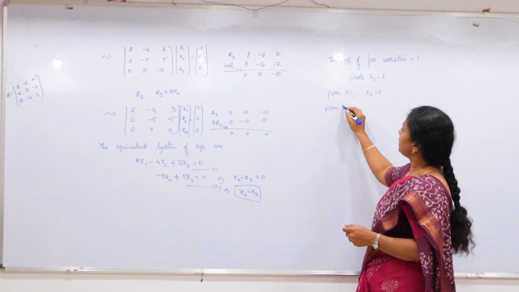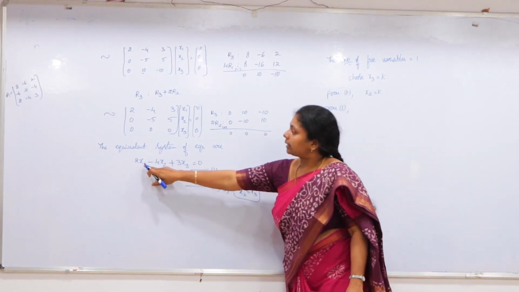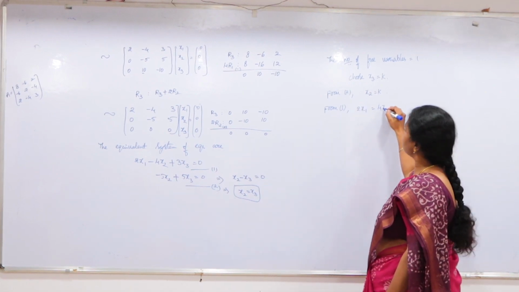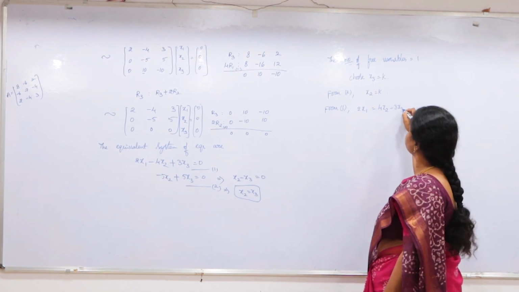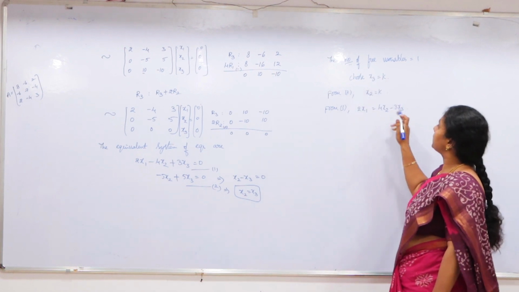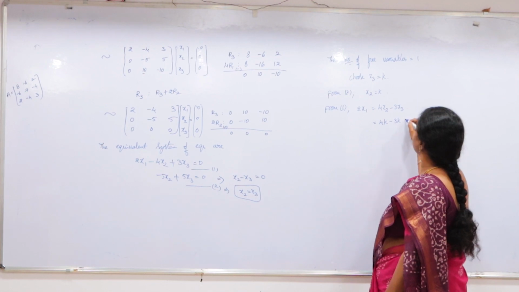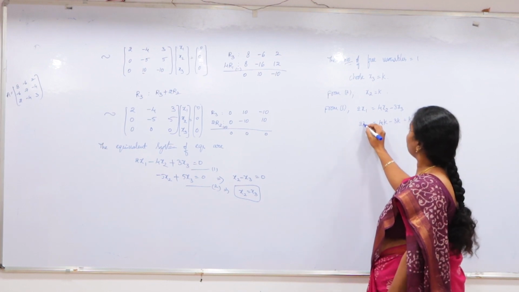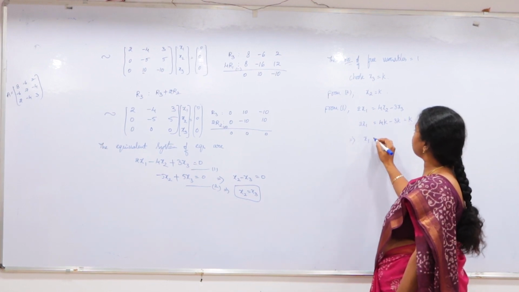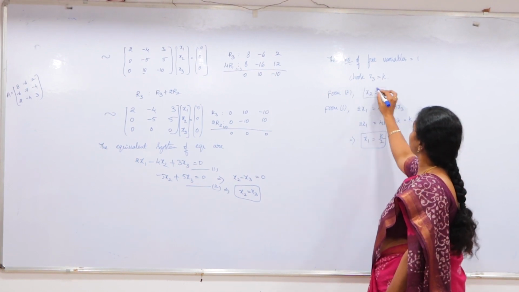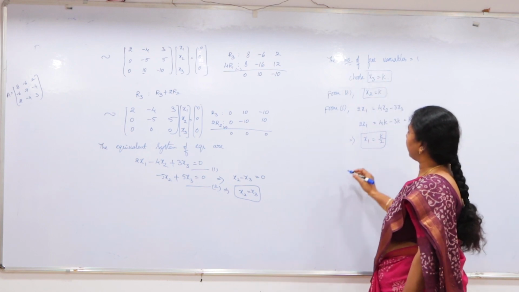From the first equation, 2x1 equal to 4x2 minus 3x3. By replacing x2 and x3 values, 4k minus 3k. This value is k. 2x1 equal to k implies x1 equal to k by 2. So x1 is k by 2, x2 is k, x3 is k.